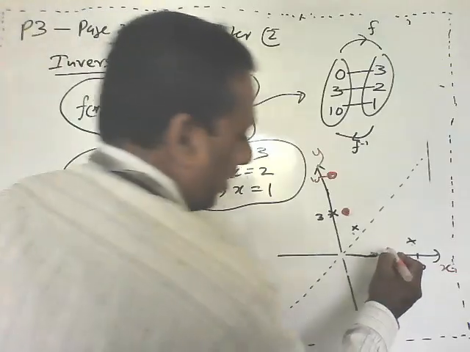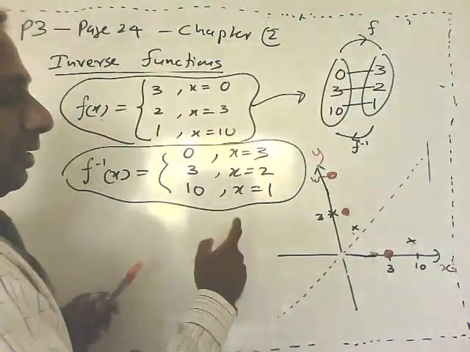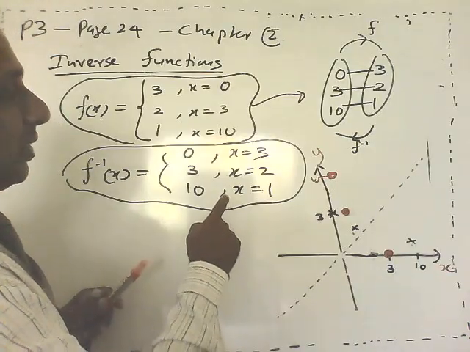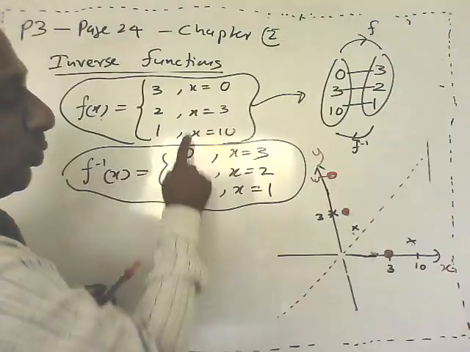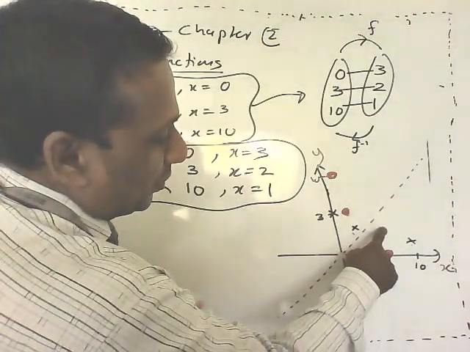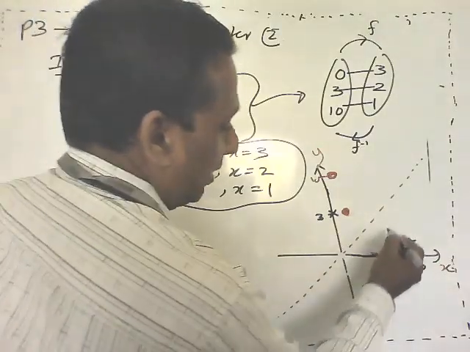Then for the other one, when it is 3, it should be 2, so the 2 should come roughly here.